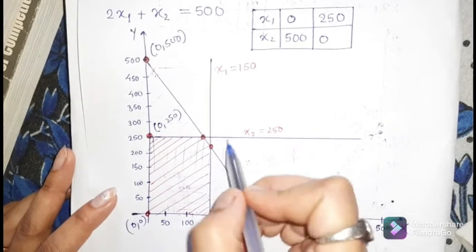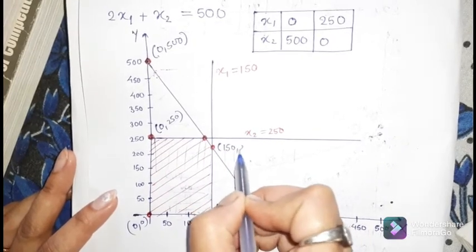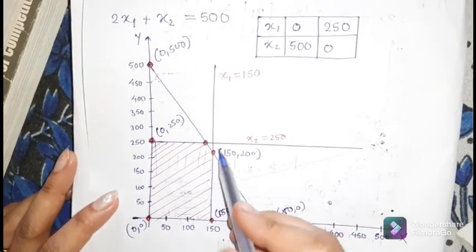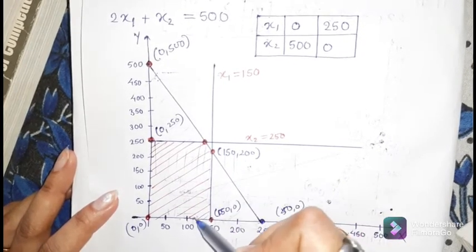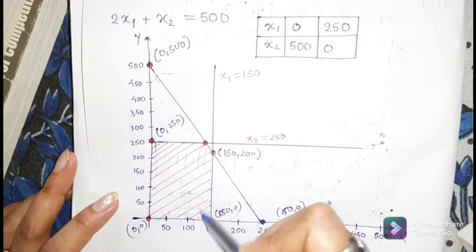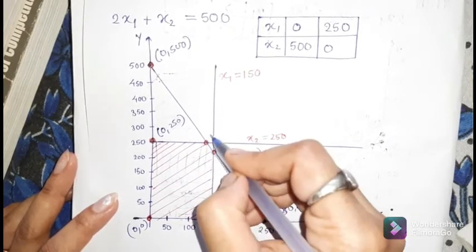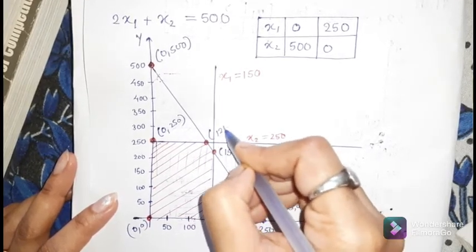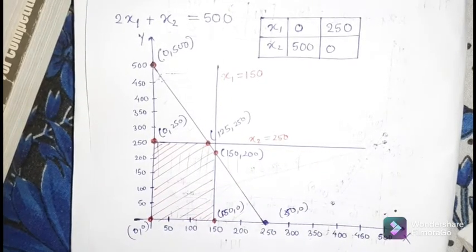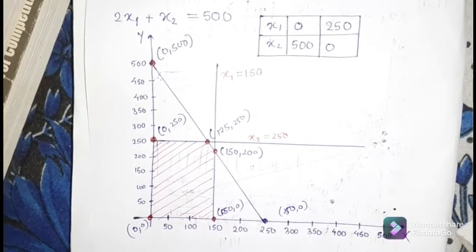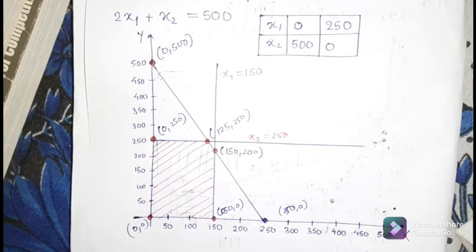You can take 150, 200, and this one is 125 and 250. Okay, so these are the points we have.